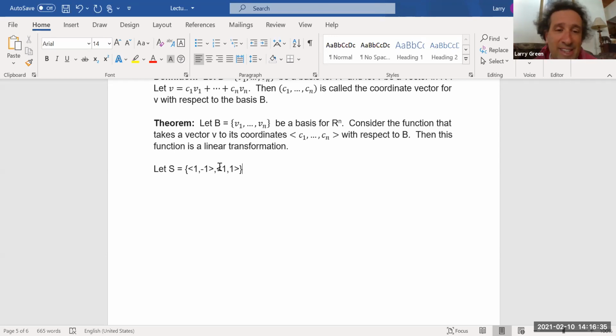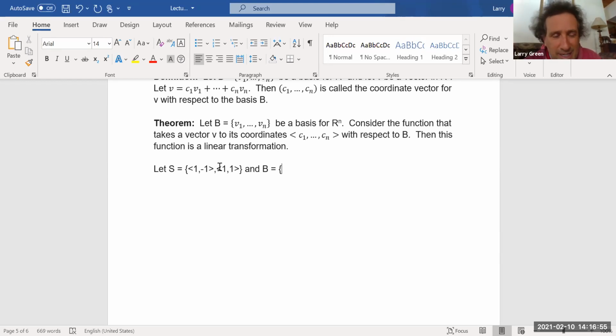So suppose S is this basis. And let's suppose, not T, the transformation T, maybe I shouldn't use T. How about B for basis, equal to a different basis?